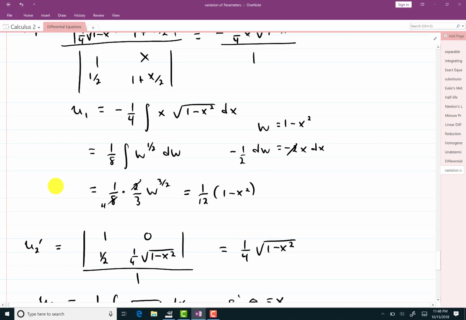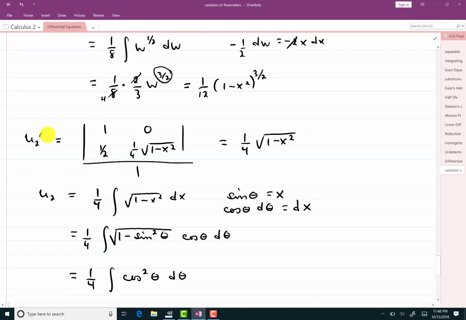And I'll go back and fix this in case I refer to the notes later on. So I forgot the 3/2 that was attached to that.